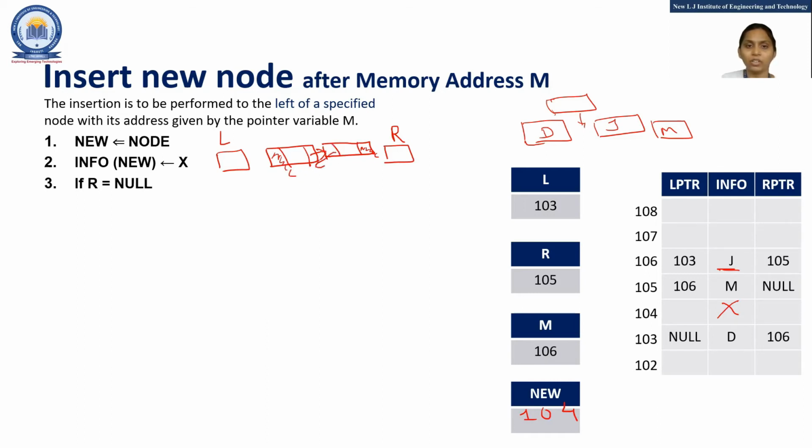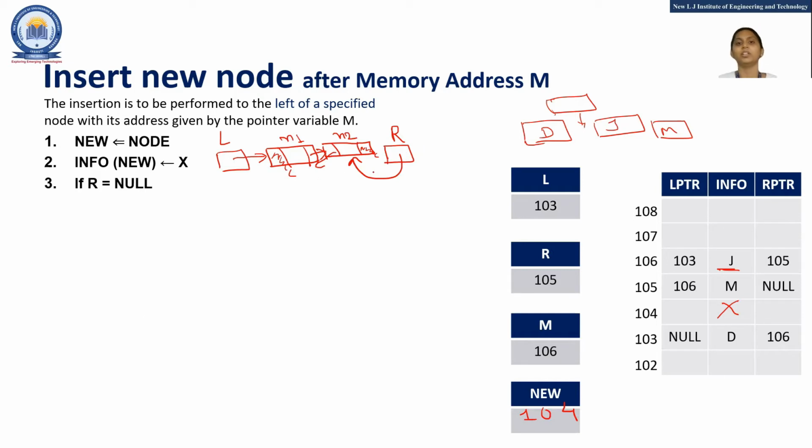So here two pointers are there, one pointing in this direction and one pointing in the other direction. This is my node 1 and this is my node 2. This left pointer points to node 1 and this right pointer points to node 2. So R is checking whether it is null or not. In which scenario would R be null?